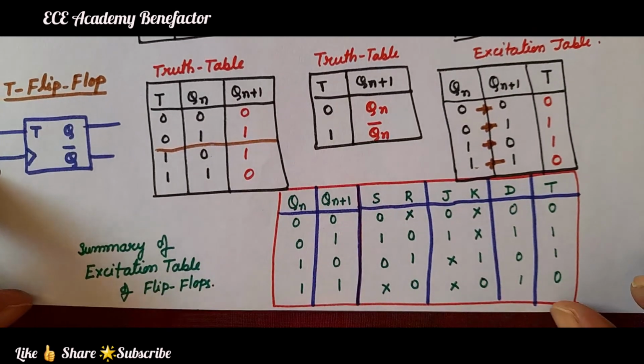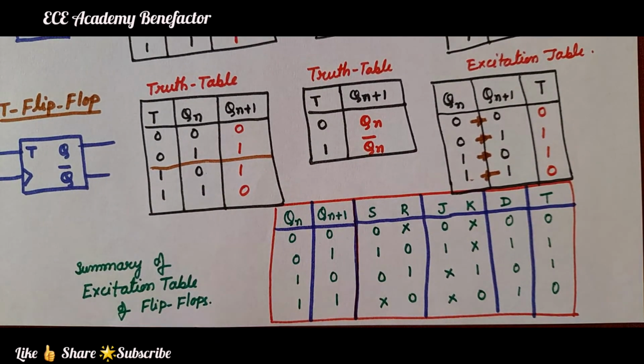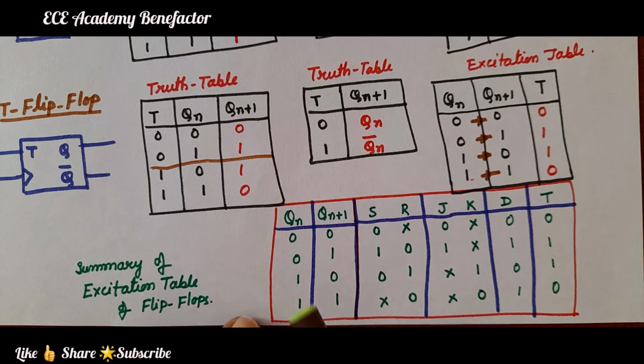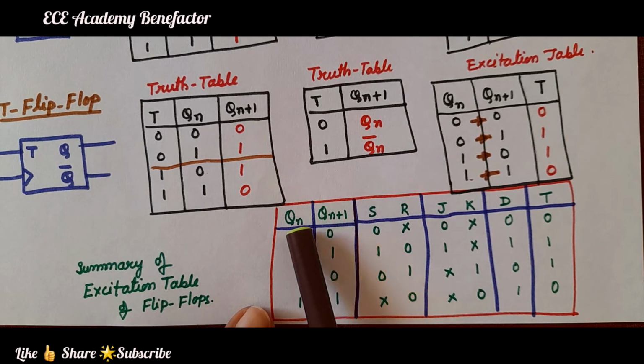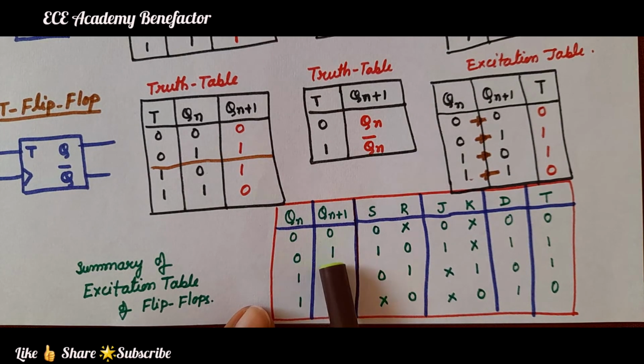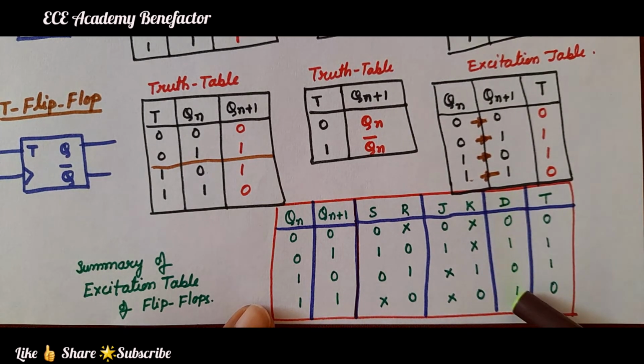Let us quickly summarize the excitation tables of all the flip-flops. Excitation table is for two variables Qn and Qn plus 1. For these two variables, we write 4 combinations 0 0, 0 1, 1 0, 1 1. Coming to the D flip-flop, it is very easy to write.